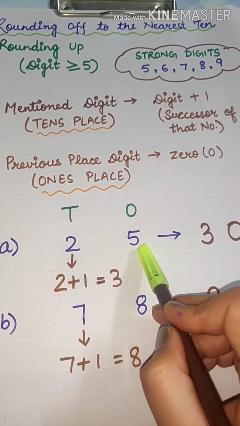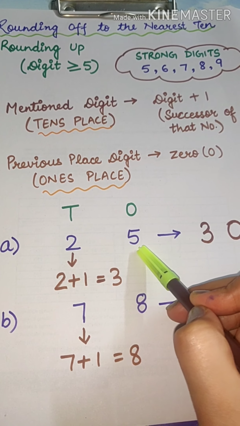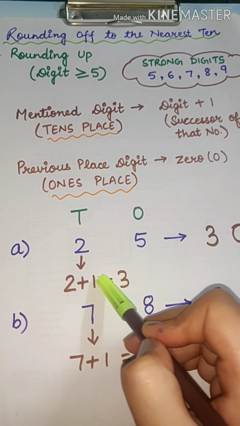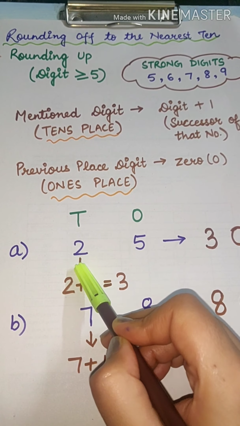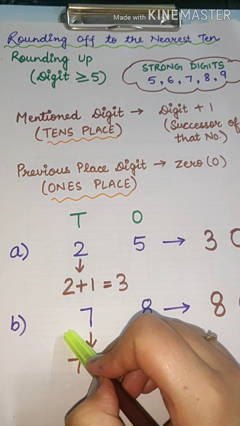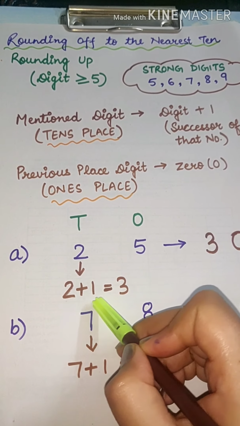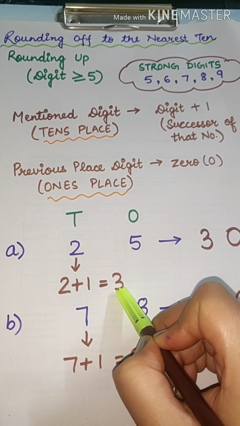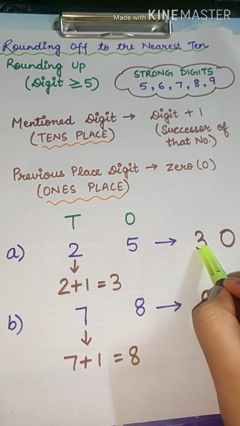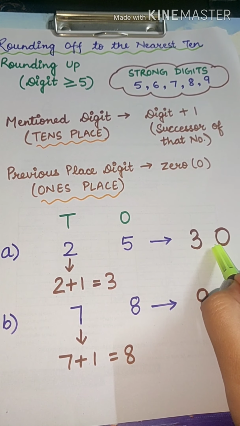First is 25. Now you can see 5 is a strong digit. It has so much power that it has pushed the digit that is at tens place. And here we are adding 1 to this digit. By this it has become 3. And we will write 3 at tens place and this digit will become 0.